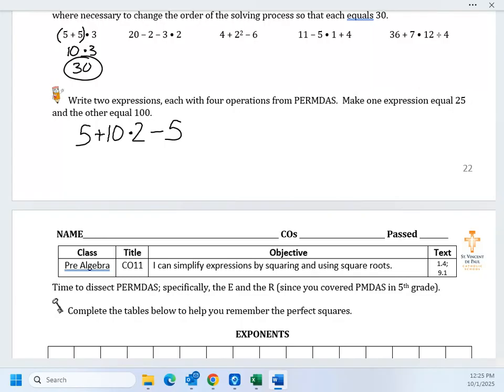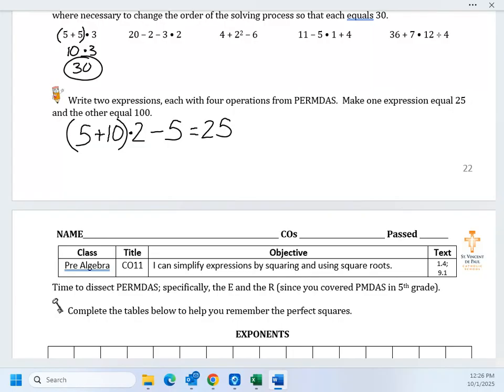And then parentheses 1 with 5 plus 1. So, what is this going to equal? To equal 25, the 25 one?